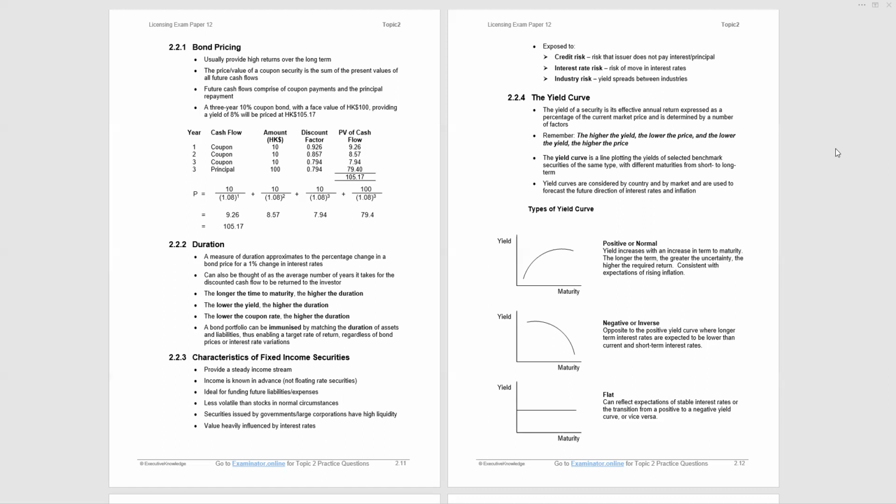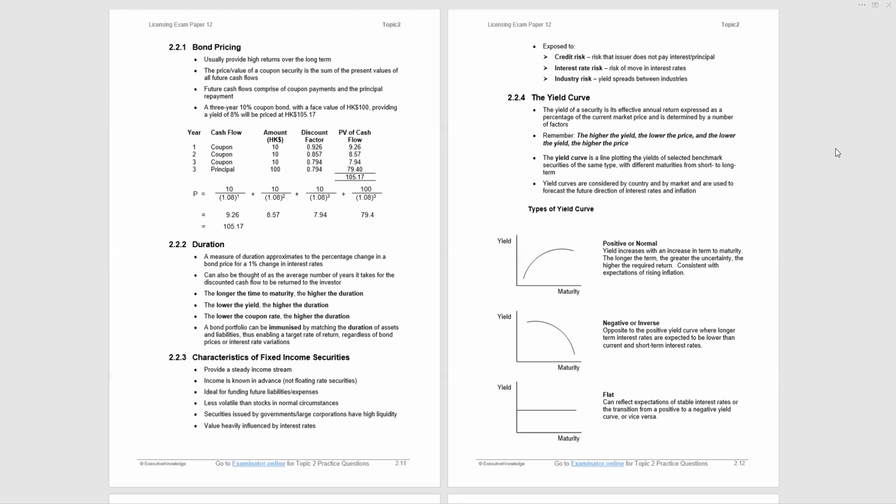So the first cash flow, $10, is divided by 1.08 raised to the power of 1 year. That denominator gives us a discount factor of 0.926 for 1 year, 0.857 for 2 years, 0.794 for 3 years, which we use twice.